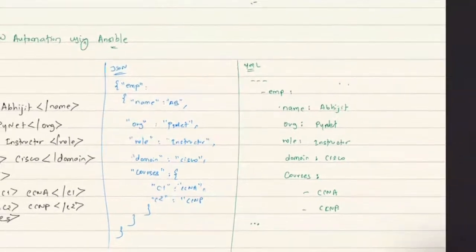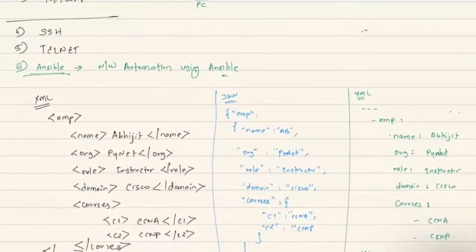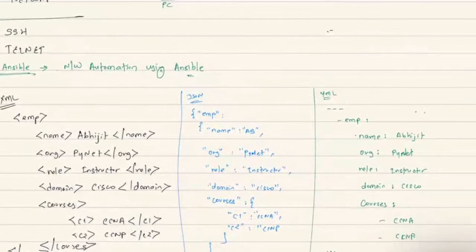Now compare these languages. When you look at these, you see XML is toughest, JSON is an intermediate language or a medium readability language, and YAML is the easiest way of writing down information in a structured way. That's why YAML is the fastest and easiest way to learn how data structuring can be done.